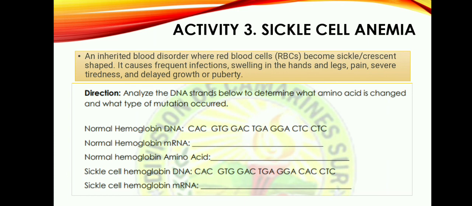So you are going to provide the normal hemoglobin mRNA, or the DNA replication, and then the equivalent amino acid or protein.